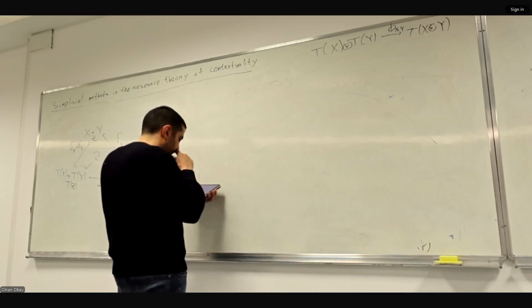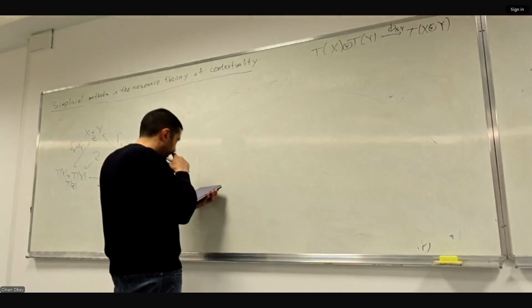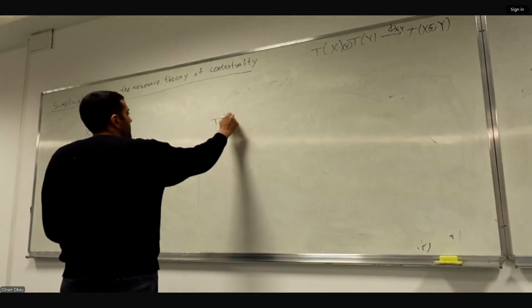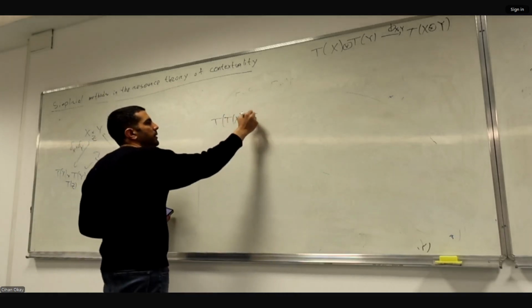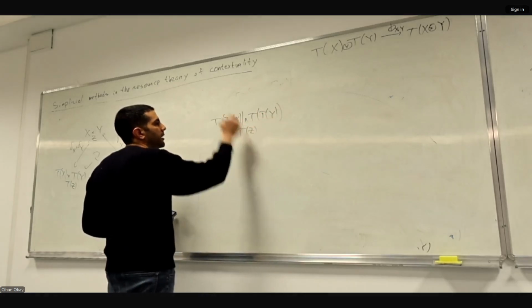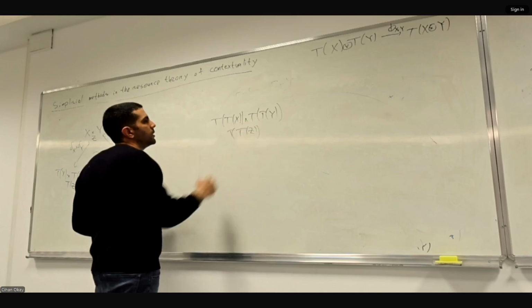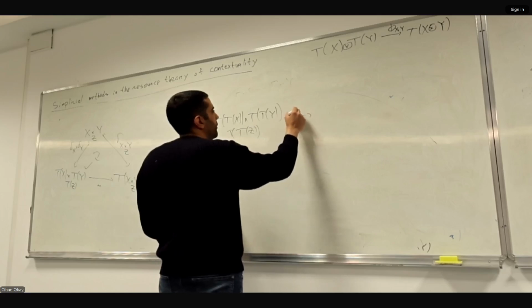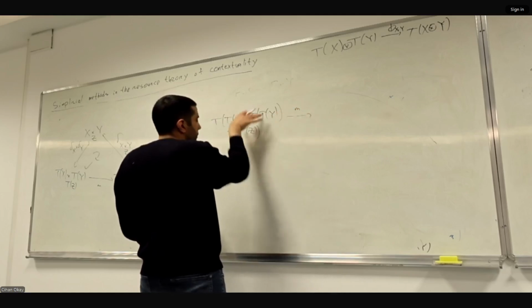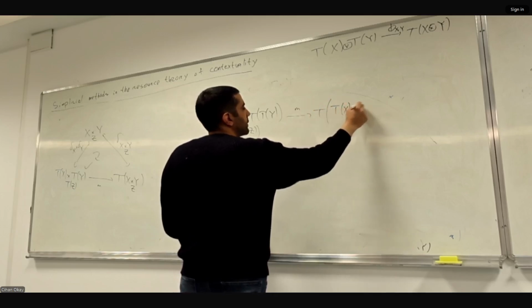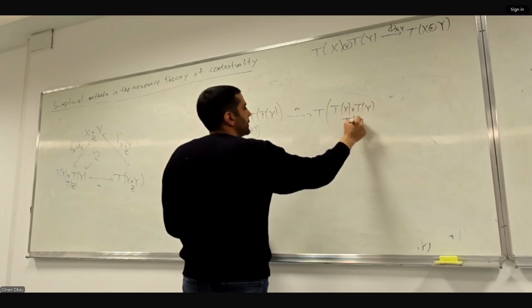Now for multiplication, how can I write it? If we started from such a diagram X, Y, one can do at the beginning the normal M for T, applying M to get this.